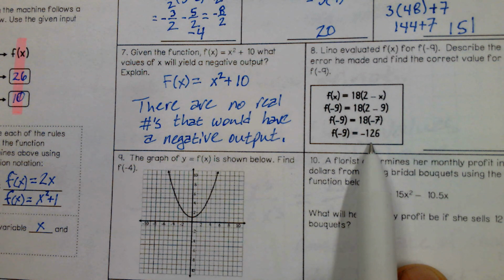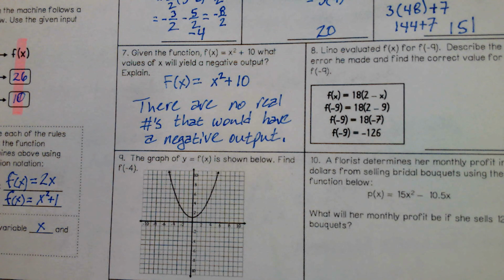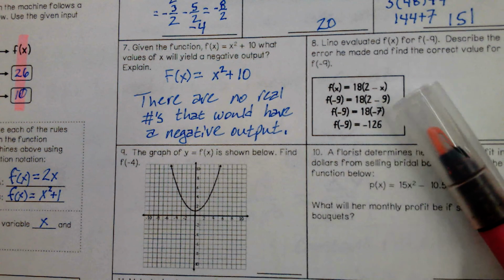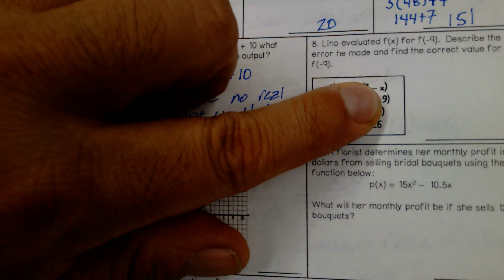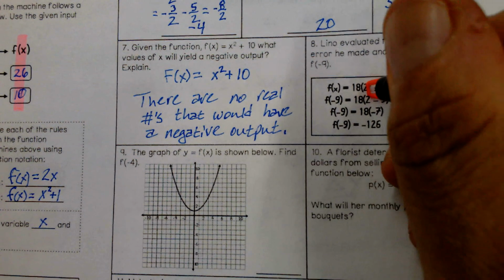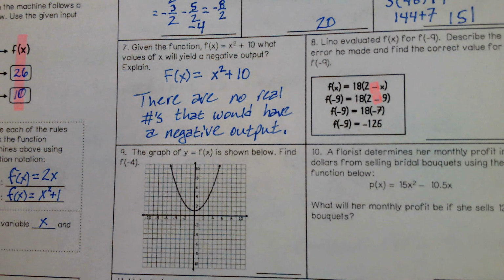You put a 9 instead of negative 9? Yeah, that's a common mistake. That's why I'm always using parentheses. Yeah, he put in a 9. Do you see it right there? Because that minus is this minus. So he actually plugged in 9 instead of negative 9.